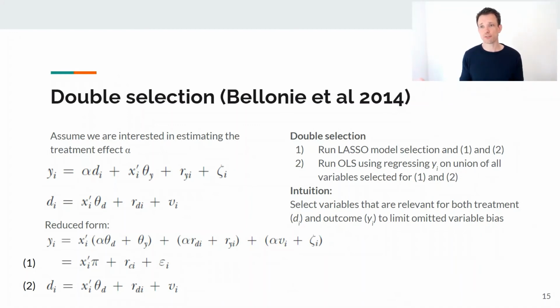Then in this setting of double selection, work experience would be our variable D, and we would be interested in estimating alpha. We also have a set of control variables X that would include age, gender, the profession, whatever you want to include there, and we have a set of errors.